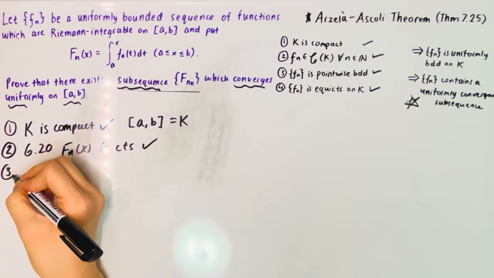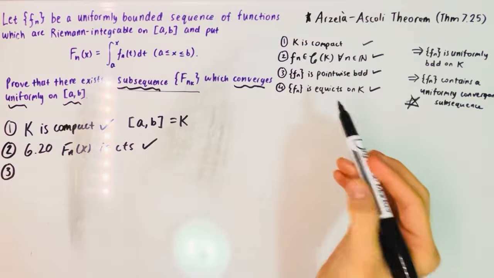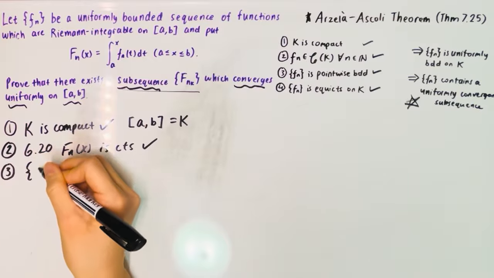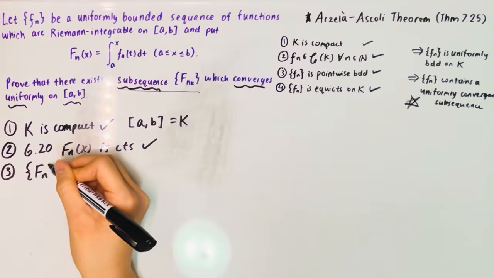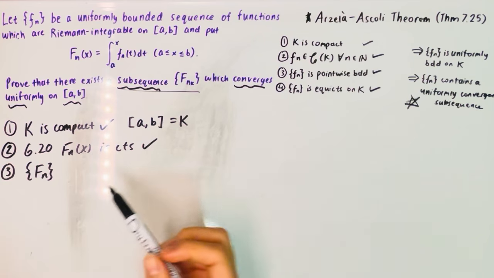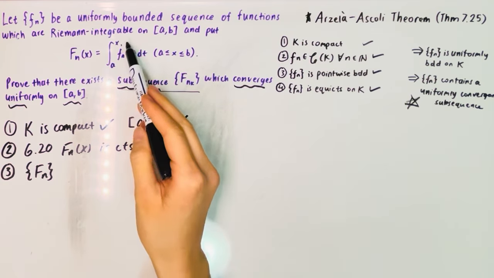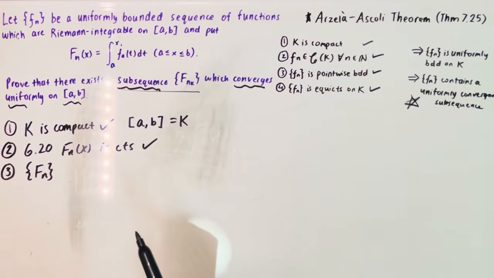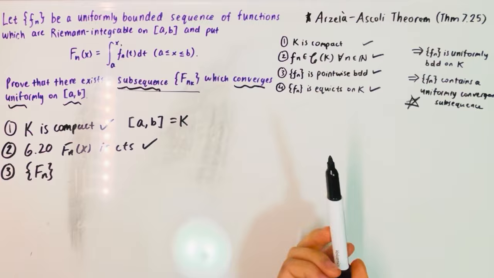And this is where it kind of gets tricky. So F_n, this sequence, is pointwise bounded. Well, it's going to be hard to check at every single point of x. So instead of doing that, we can first see, is it uniformly bounded?